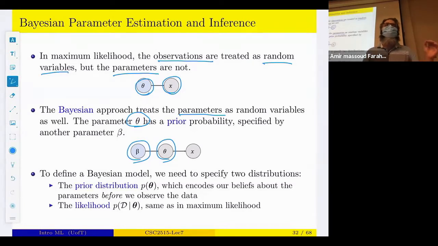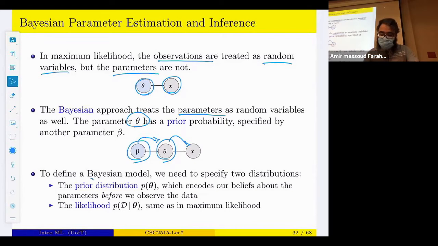Here beta, for example, is a real value, so there's nothing random about it. But it induces a distribution over theta, and then we have samples from one of the thetas that have been sampled from beta.